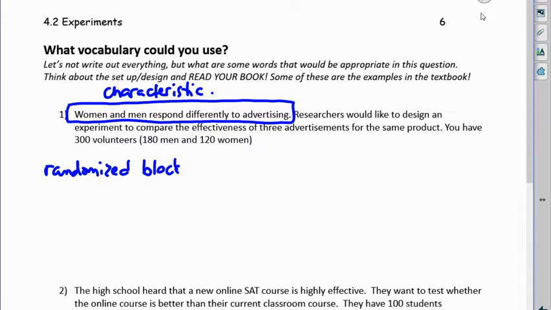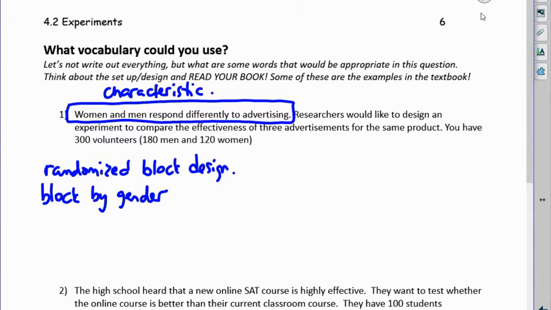You're going to rate your sentences. I would say things like, I will block by gender. Block 1 could be men, block 2 could be women.